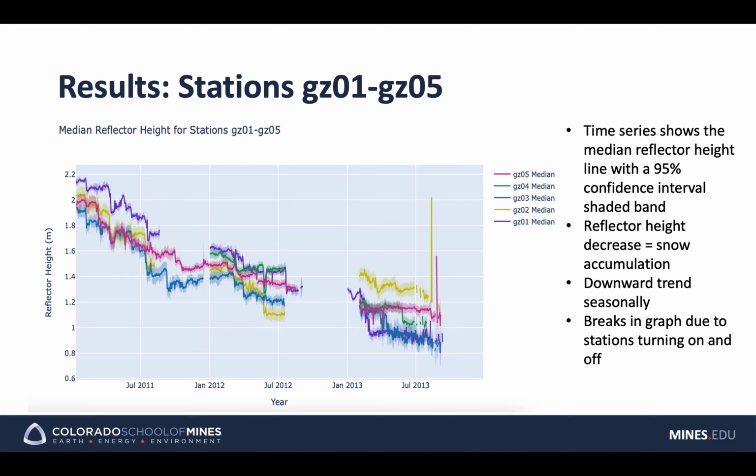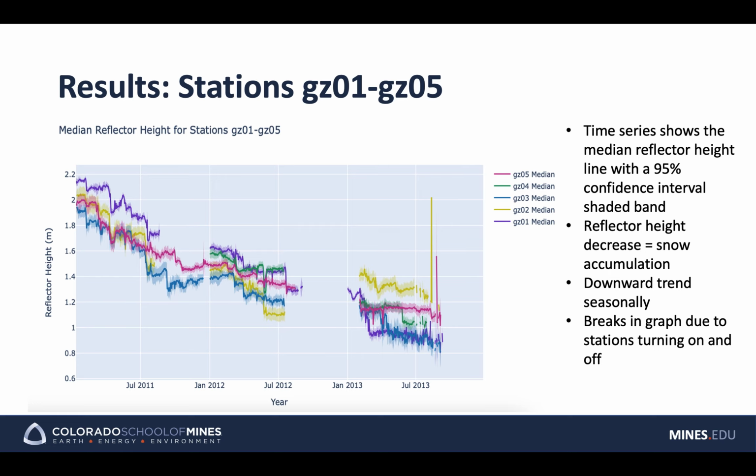This makes sense seasonally, since summer in the northern hemisphere is winter in the southern hemisphere. Thus, as shown in the graph, around July 2011, the reflector height is the lowest, meaning snow accumulation is the highest in the wintertime. As mentioned before, the gaps in the graph are due to the stations turning on and off, leaving unrecorded data.